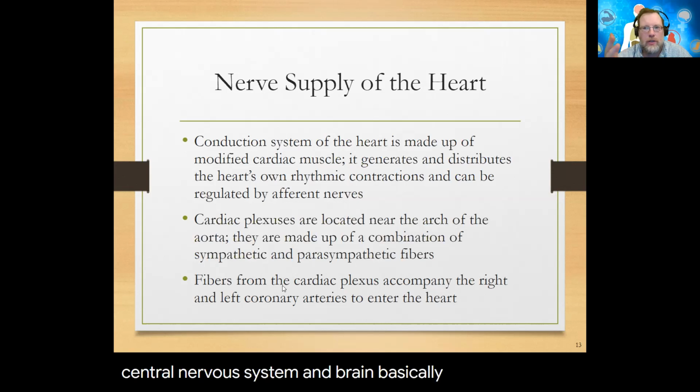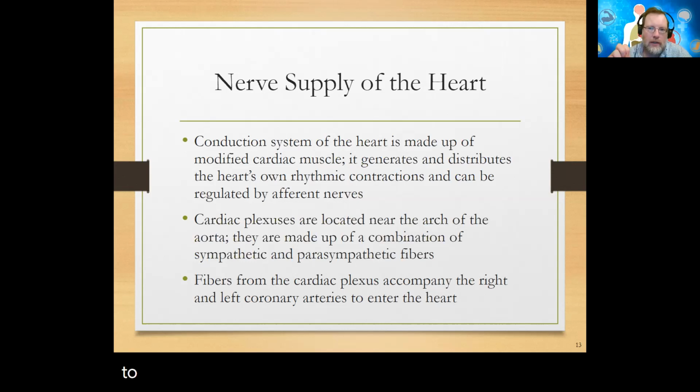Basically communication pathways. So not only do we have the efferent pathways coming into the heart and connecting with these nodes, even though the SA node particularly is specialized enough to create its own action potentials without the constant vagus stimulation, that's still connected.